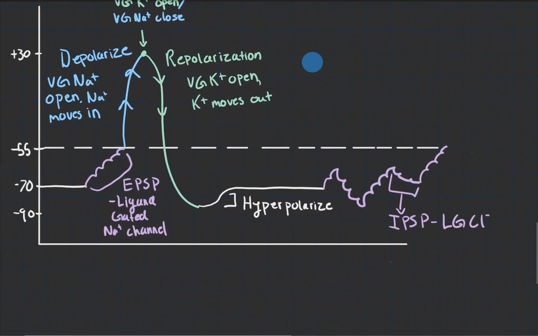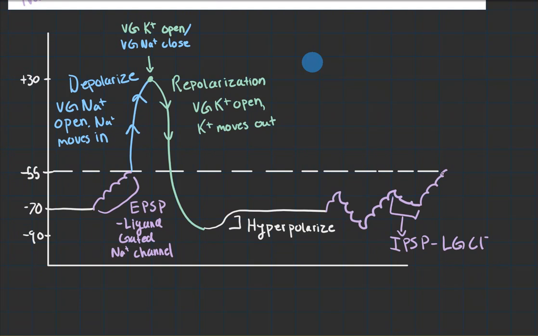And if the signal is strong enough to pass membrane threshold, well then that initial stimulus would be a supra-threshold stimulus. And if you were to sum all of the graded potentials and all of the EPSPs and IPSPs, and you do not reach membrane threshold, then the initial stimulus is called a sub-threshold stimulus.